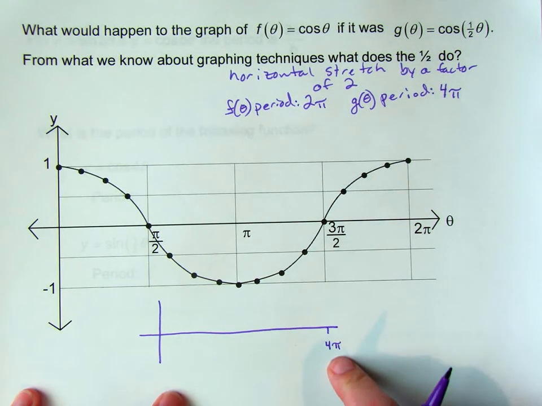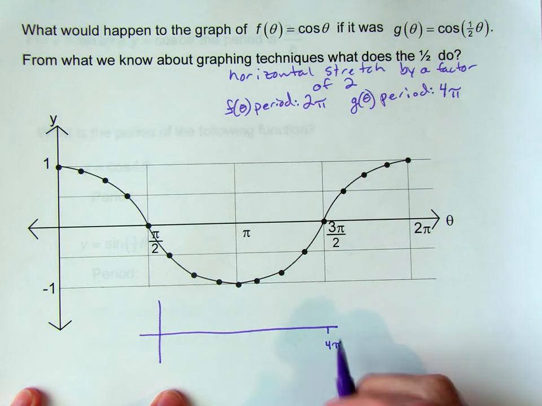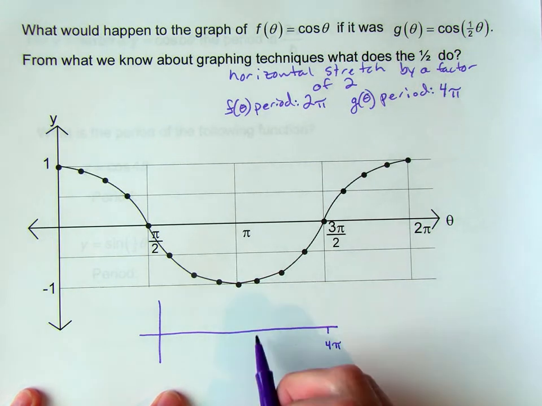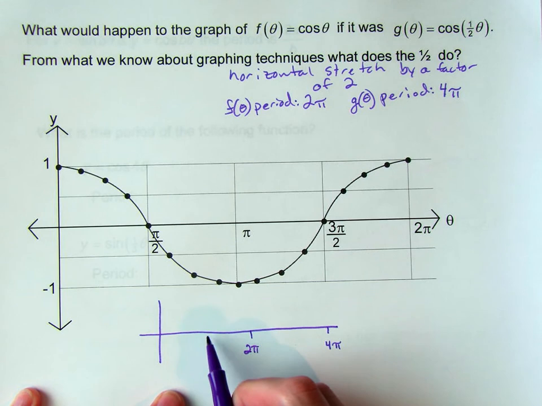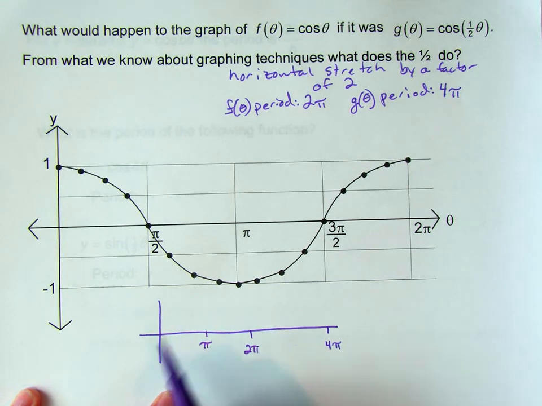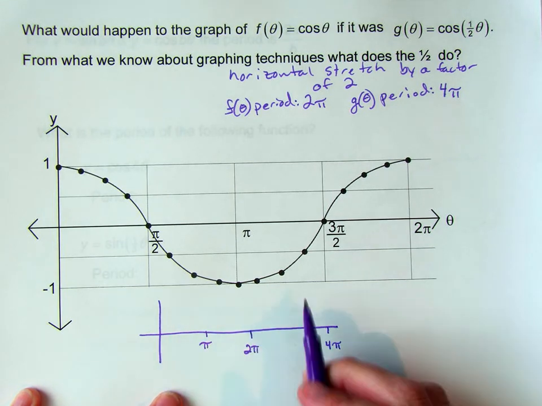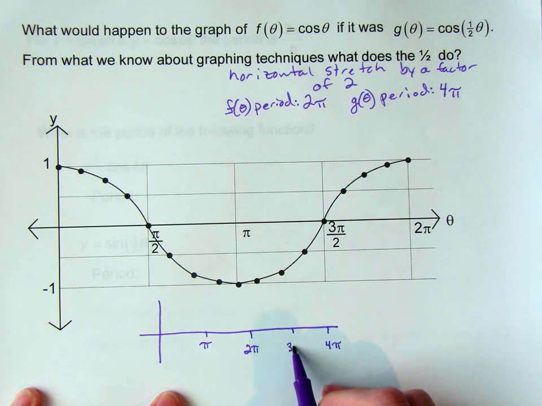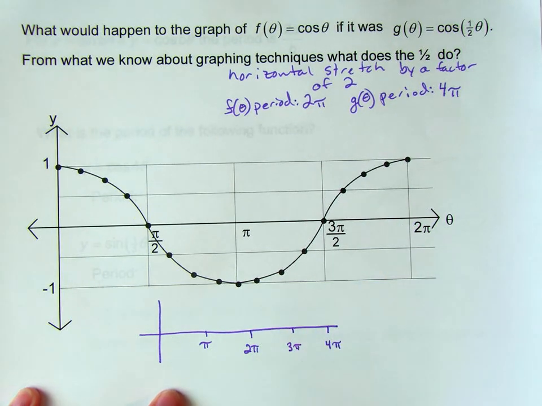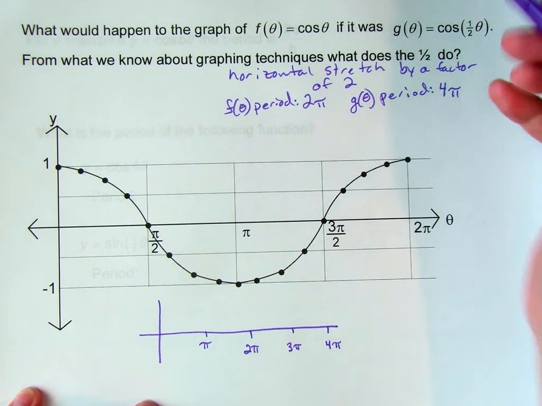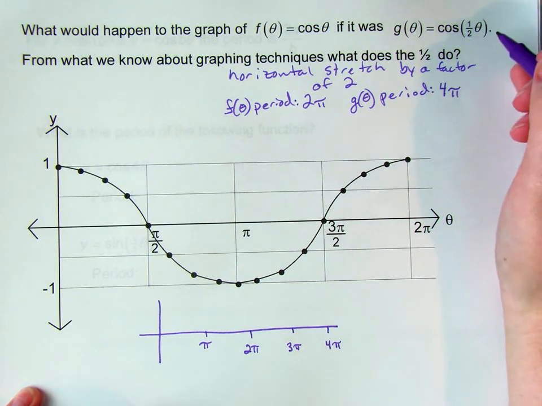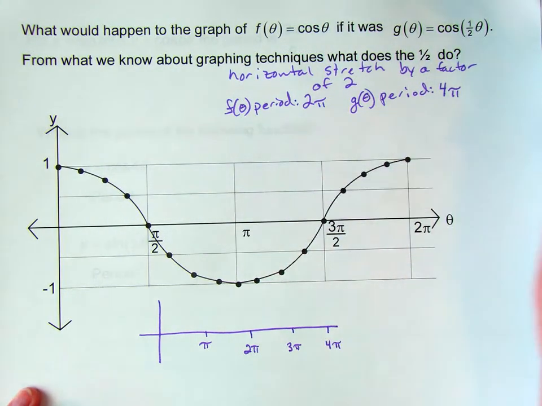So now we're going to go back to doing our cutting again. Cut 4 pi in half, so that's 2 pi. Cut 2 pi in half, that's pi. So now we have pi, 2 pi, 3 pi, because all of these increments are going by the same amount. Cosine g of theta has no vertical stretch, so our y values are still the same.